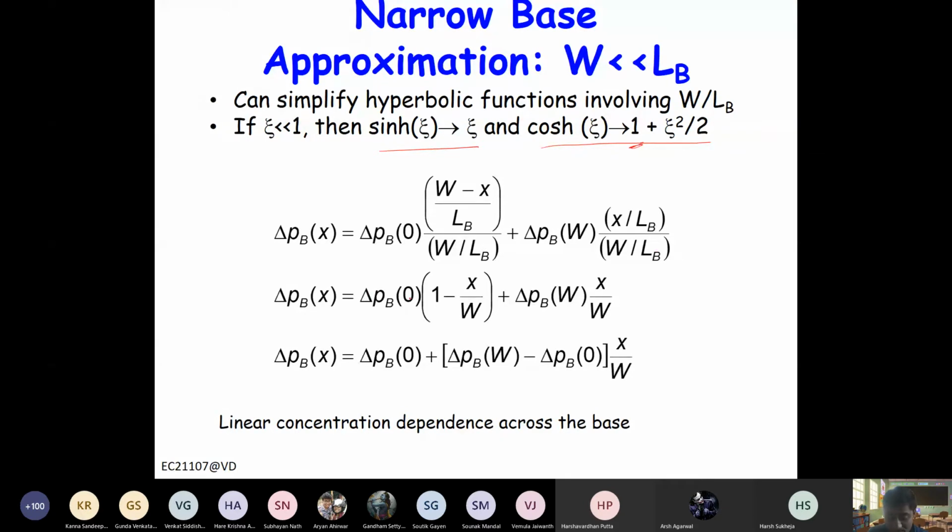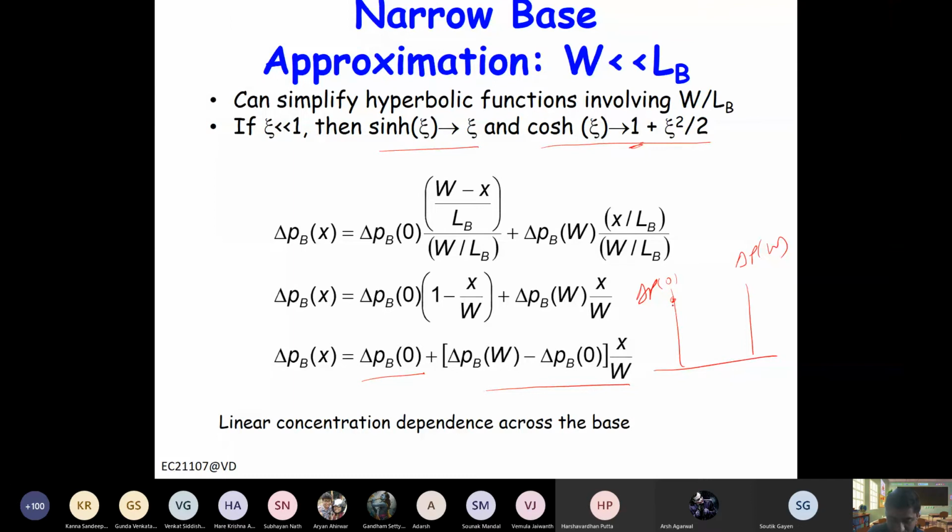So your profile basically looks like delta PB is written as delta PB naught minus a linear variation, x by W. If you see the picture here, this is delta P at x equal to 0. This is delta P at x equal to W, right?